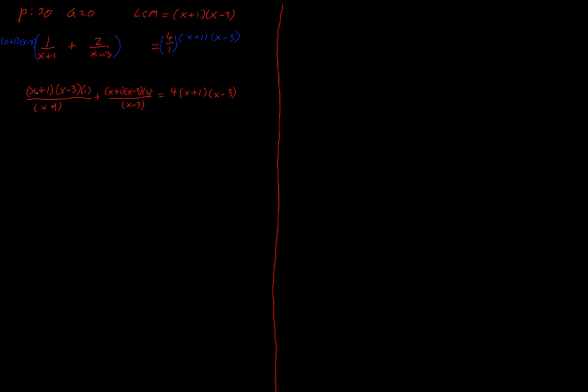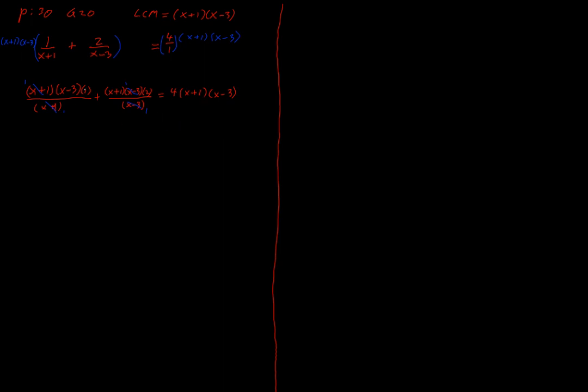I have x plus 1 on the top here, multiplied by everything, all over x plus 1. So I can divide out those common factors, top and bottom, and I can do the same thing with x minus 3 here. I divide out my common factors, top and bottom. Now, there's no fraction here this time, so we don't need to worry about that.